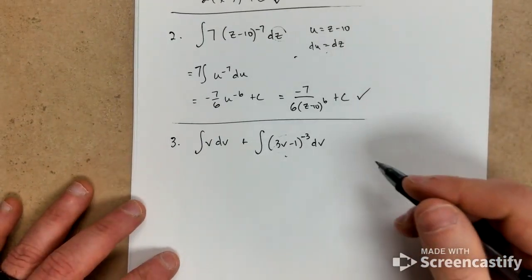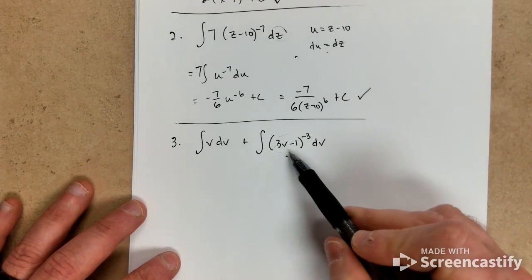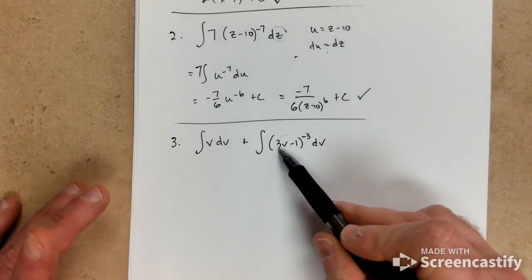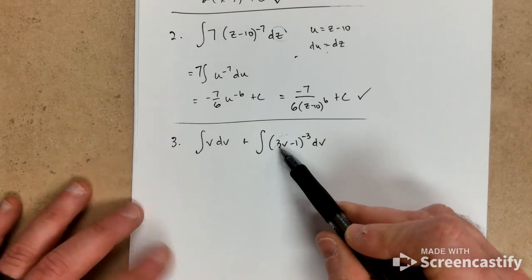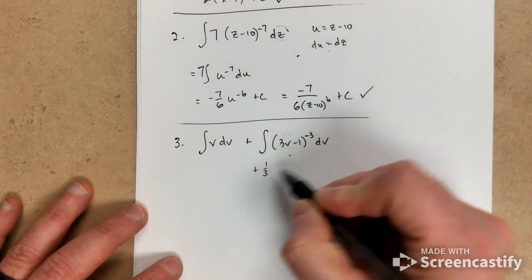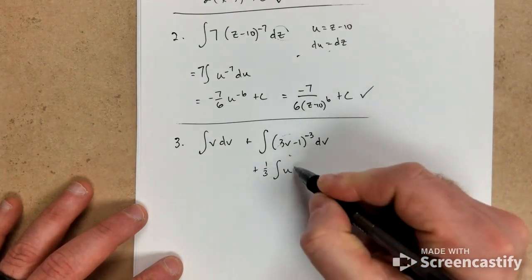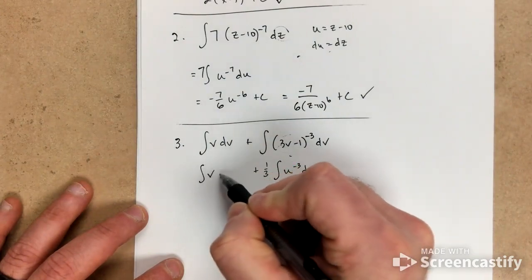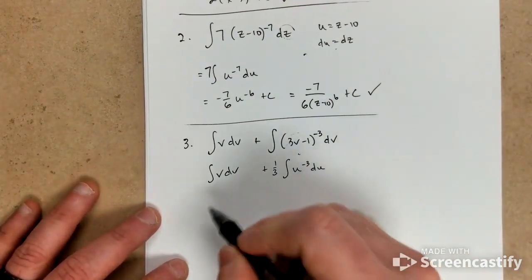Some of you had practice with this. Just to save time, to compensate for this, we're going to have to multiply by 1/3. So this is going to be the same thing as 1/3 integral of u to the negative 3 du.